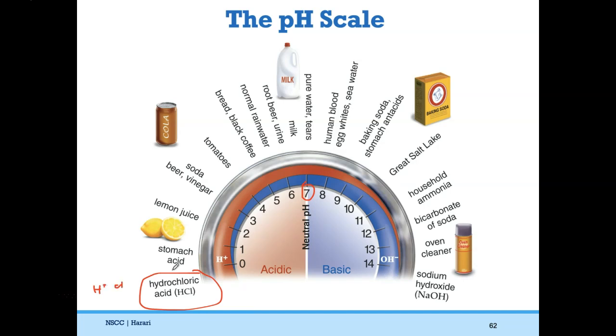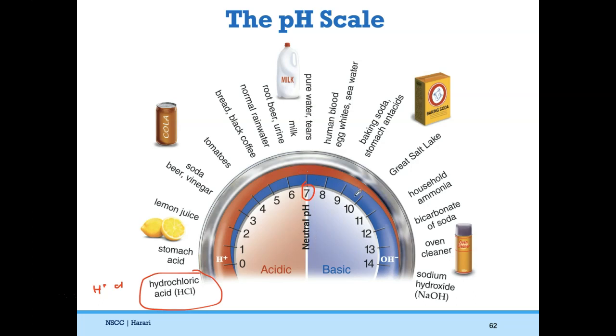And here, as we go up, these are weaker acids. So like soda and beer, vinegar, those are weaker acids. Then you have rainwater, which is slightly acidic due to the carbon dioxide in the environment and pollution. We could talk more about that at a different time. Milk is slightly acidic. And then we have 7.